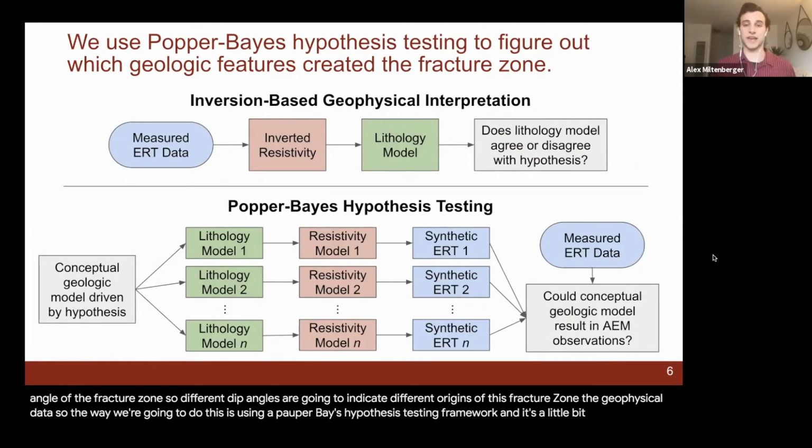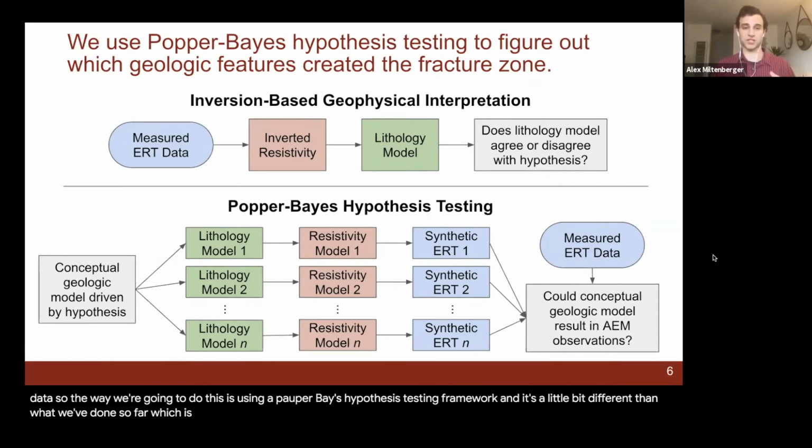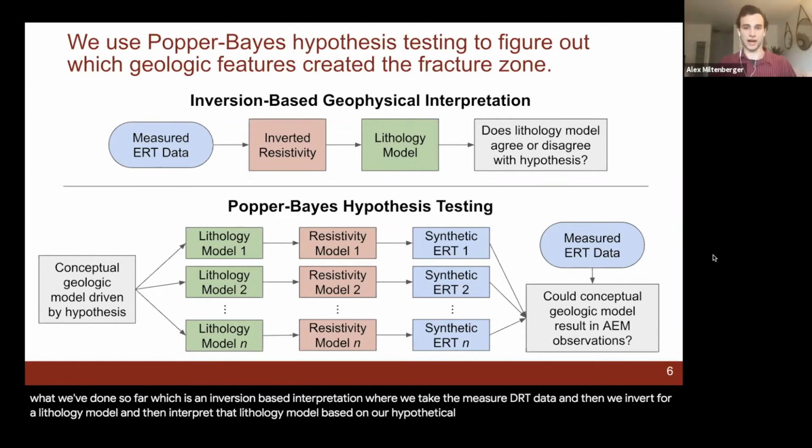It's a little bit different than what we've done so far, which is an inversion-based interpretation where we take the measured ERT data, invert for a lithology model, and then interpret that lithology model based on our hypotheses.